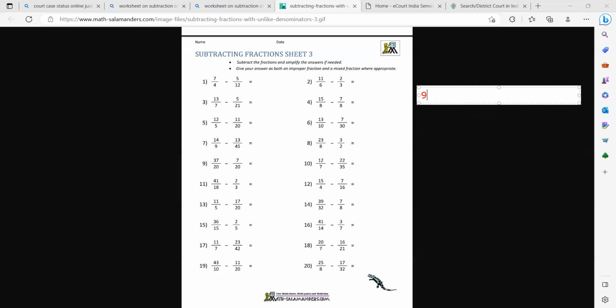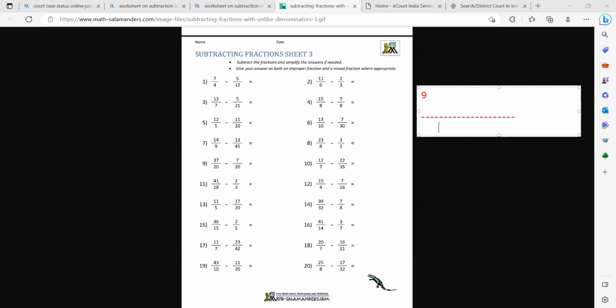Number 9. What we need to do first, we need to find out the LCM. Since both the numbers are same, the LCM will obviously be 20 and 37 minus 7 will be how much? 30. So 30 by 20 is equal to 3 by 2. The answer will be 3 by 2.